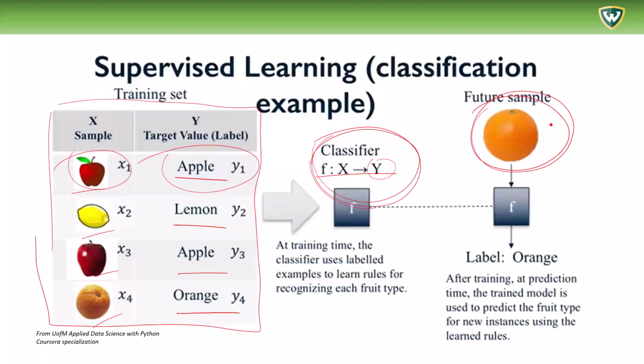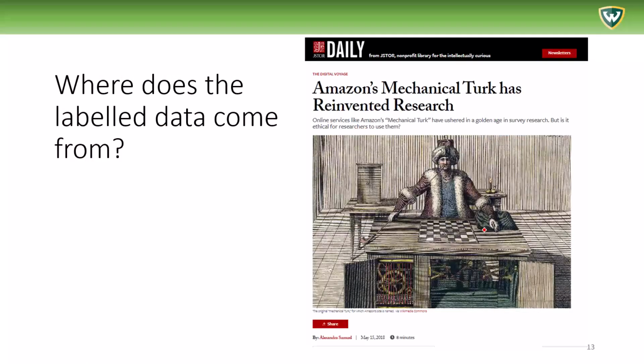The new object just has all kinds of information, like this is the color, and this is the size, and this is the shape. Then the function, based on the training data, will put out a label. This label may be orange if it predicts correctly, or if not, it would predict apple or something like that. So that's the main idea of supervised learning.